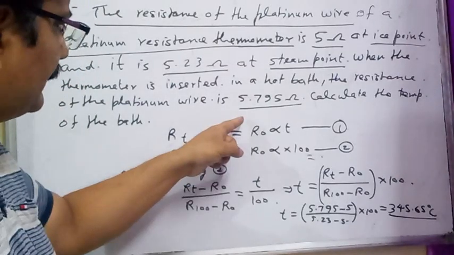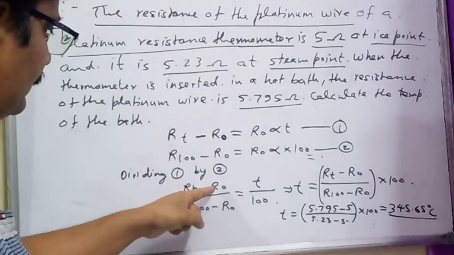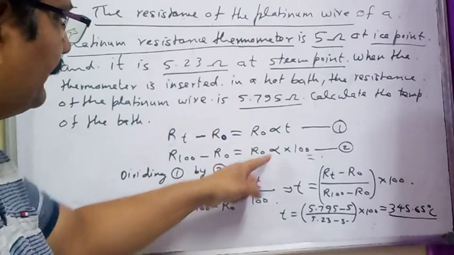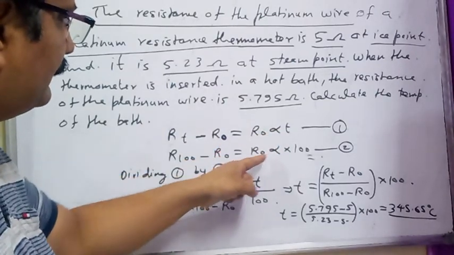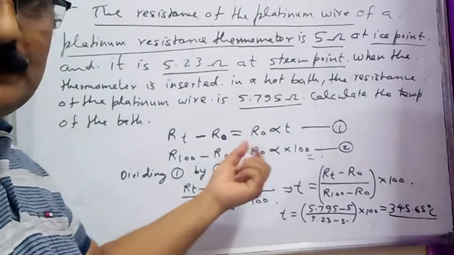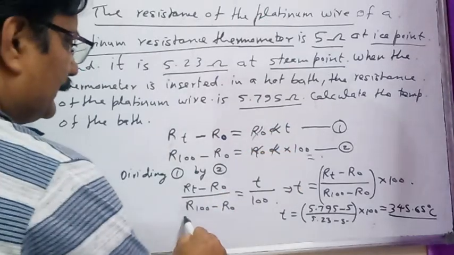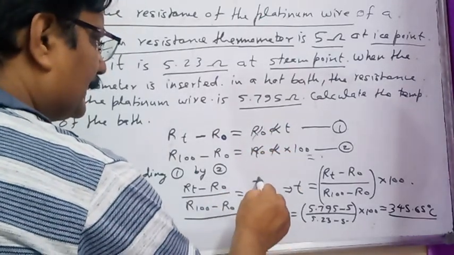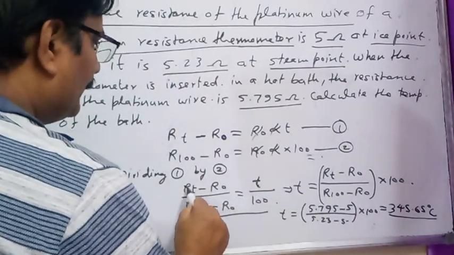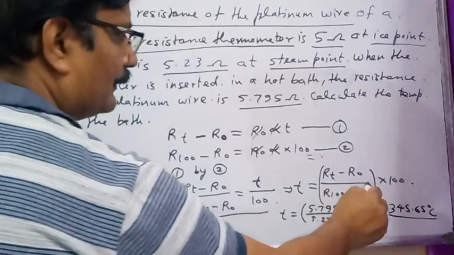So if we divide equation number 1 by 2, you get RT minus R0 divided by R100 minus R0 equals temperature T over 100; R0 and alpha cancel out. So no need to calculate the value of temperature coefficient alpha, it is automatically cancelled. And we have to find the temperature of the hot bath, that is T. So T is going to be RT minus R0 by R100 minus R0 multiplied by 100.